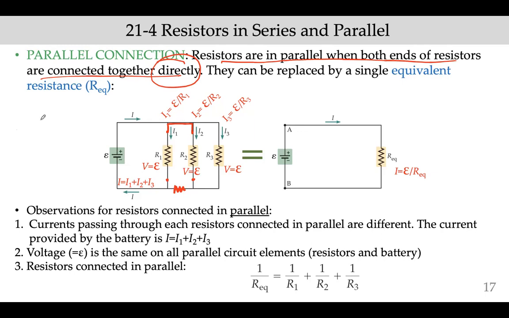So again, what you need for parallel is, if you have two resistors or more, these two ends should be connected directly, which means there's no other circuit element in between here. And also these two should be connected. So this is a parallel connection, and these are also parallel.